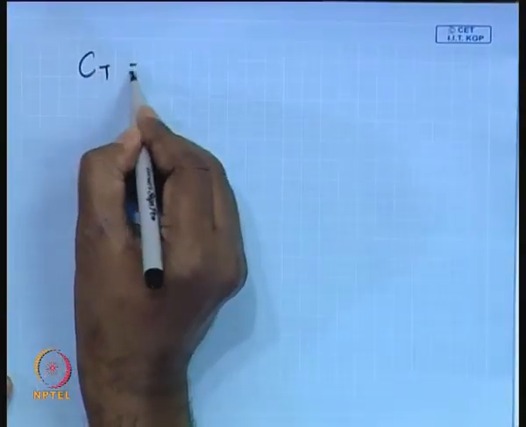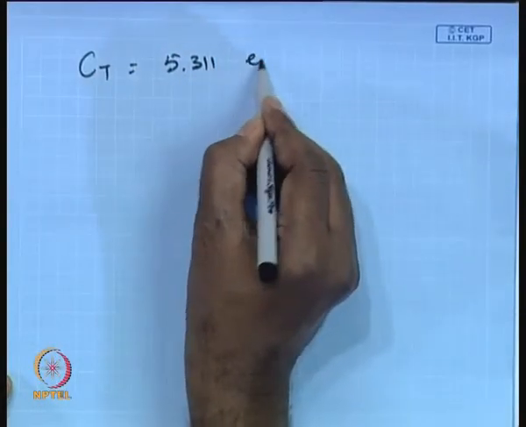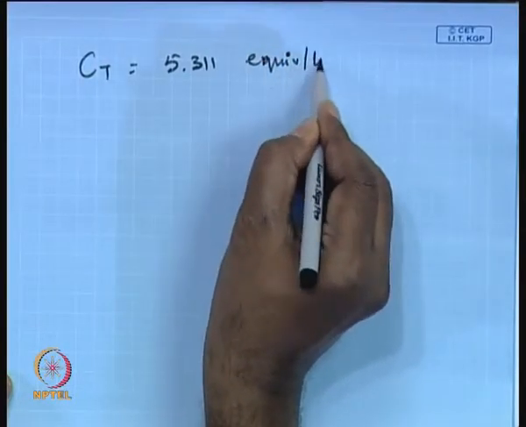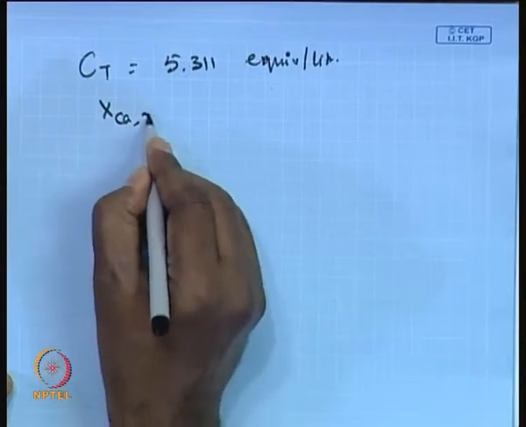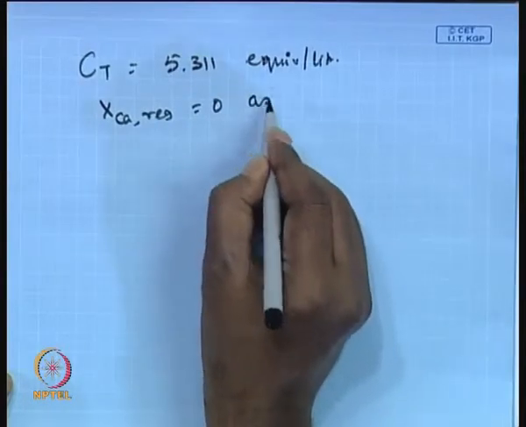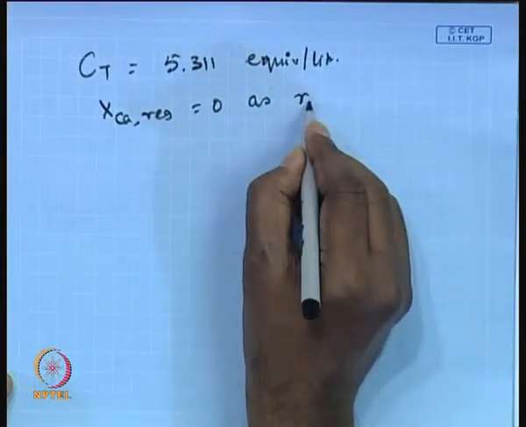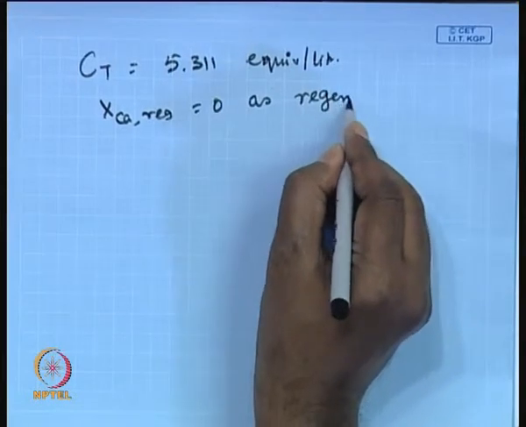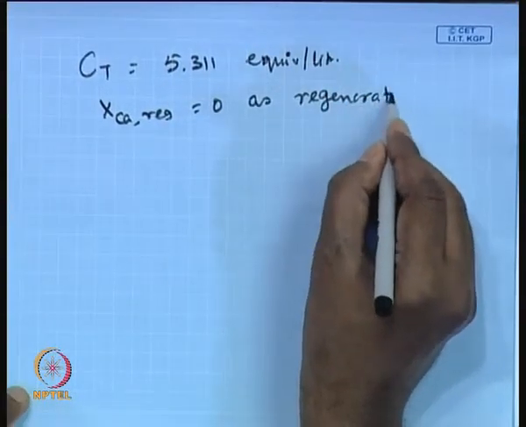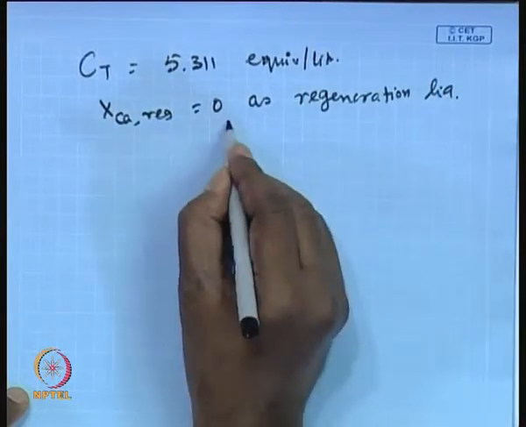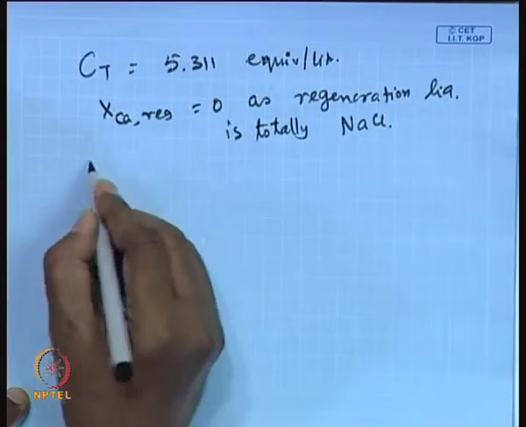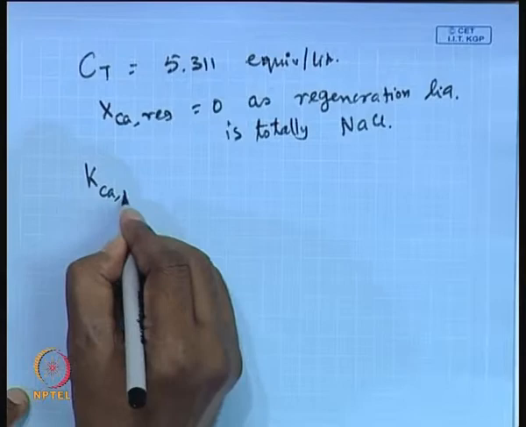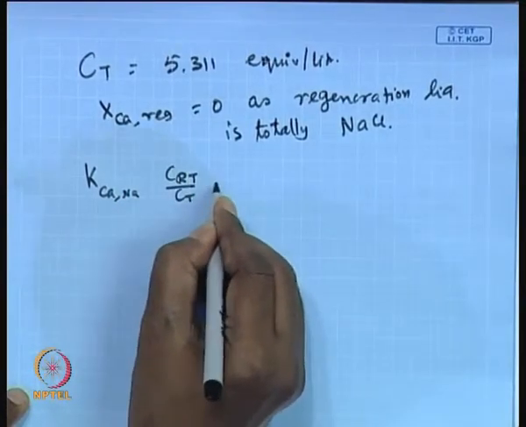So, you can get an estimate of Ct; that Ct turns out to be 5.311 equivalent per liter, and the mole fraction of calcium is equal to 0 as the regeneration liquid is totally NaCl. You can compute the value K Ca Na CRT by Ct in this particular case.